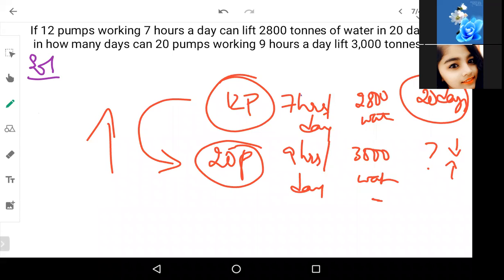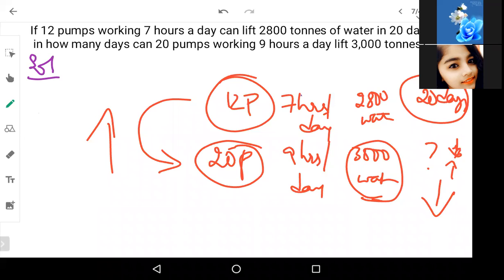Think logically. Why, Bindu? Why will it increase? It is supposed to decrease. The number of pumps where the water is coming is also more. The water extracted is also more, which means the number of days will decrease.